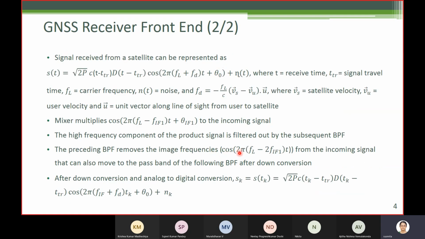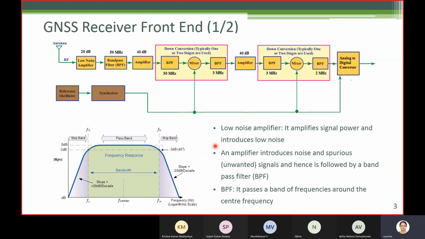Now these types of frequencies which move to the passband of the subsequent band pass filter after down conversion are called image frequencies. Now we do not want image frequencies to be passed. So the preceding band pass filter is designed in such a way, and the intermediate frequency is chosen in such a way, that this filter removes such image frequencies.